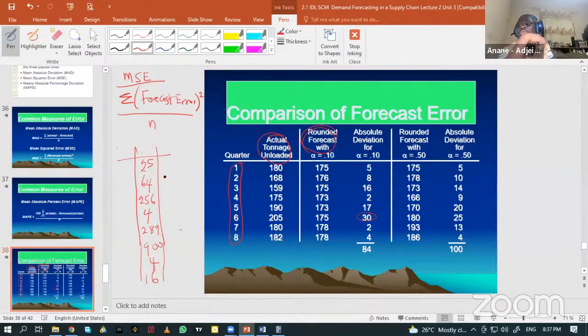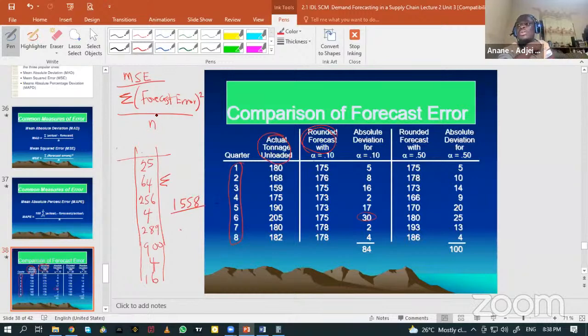So let's add them together, the sum of all these figures. 25 plus 64 plus 256 plus 4 plus 289 plus 900 plus 4 plus 16. Somebody said it's 1558.